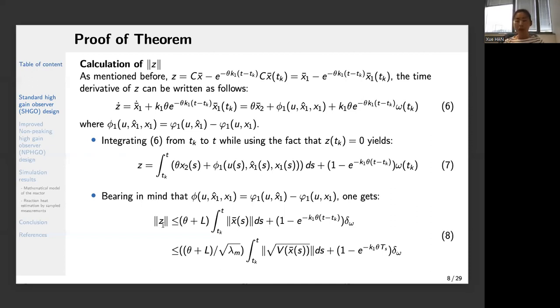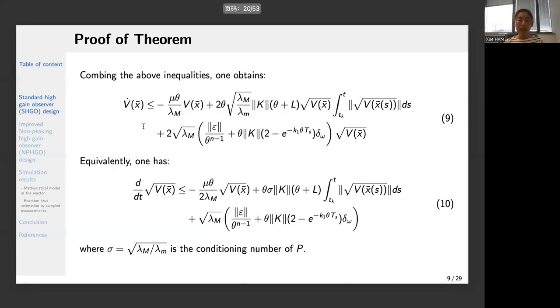So we can get the norm of function z. So here, by using the upper bound of function z, we can have the derivative of V as a function of V(x bar) or a function of square root V(x bar). So we can also have equation 10.